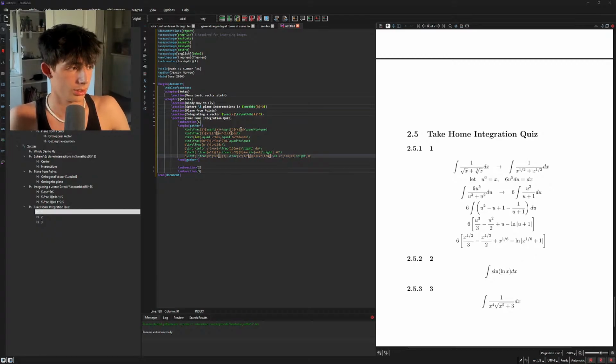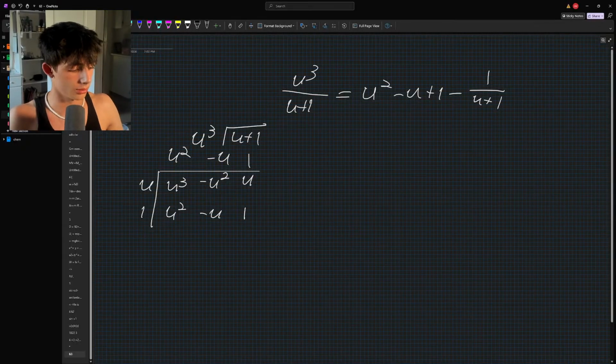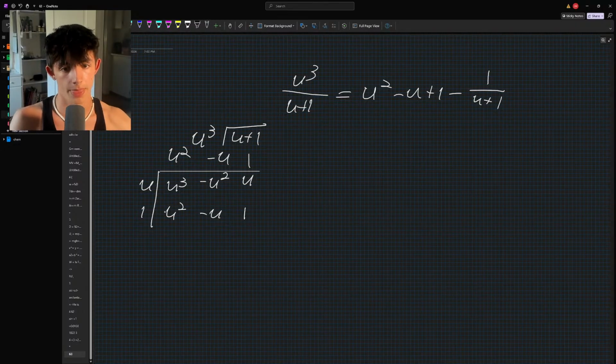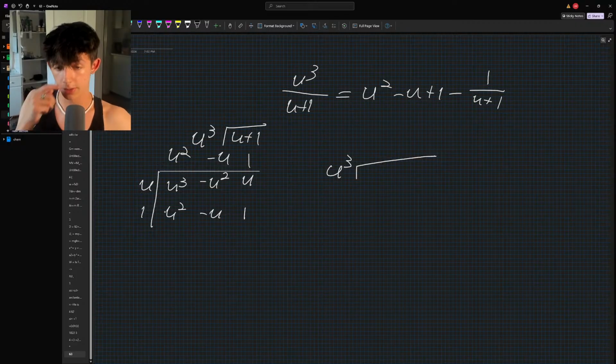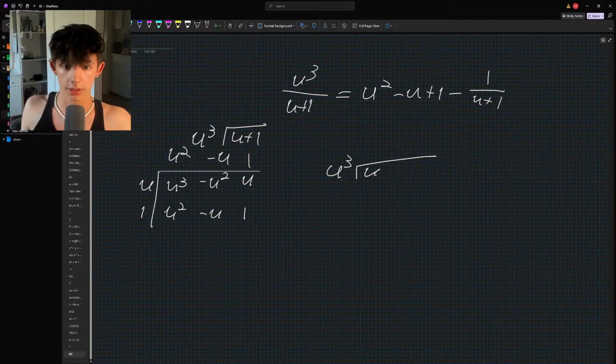Okay. So apparently when you do long division, like if I was going to do long division on the problem earlier, so we have u cubed, and we put up here literally just what we need to multiply it by. It's like regular arithmetic long division. So we multiply that by u squared.